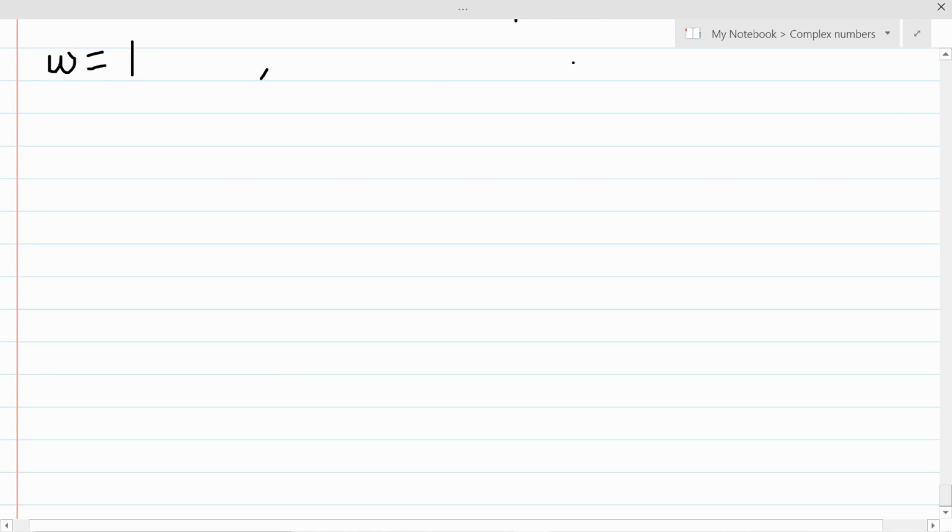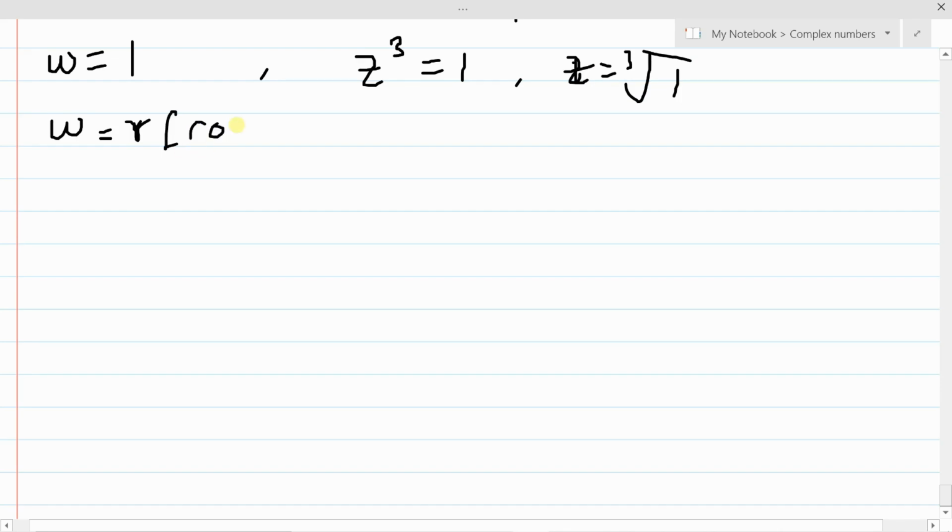Okay, but w is a complex number. We want to find z, where z cubed is equal to w, which is 1, and this implies that we have z being equal to the cube root of what? 1. Okay, if that is the case, we said we are supposed to change w in terms of what? The polar form, which is r(cos theta + i sin theta).